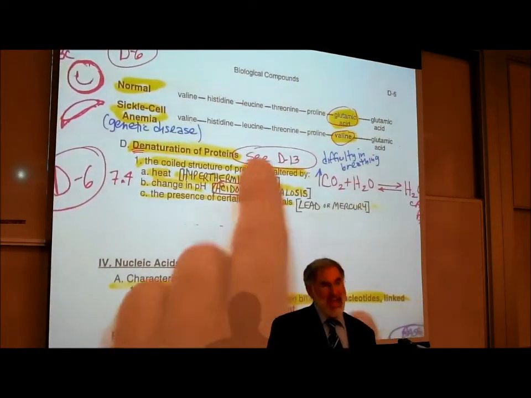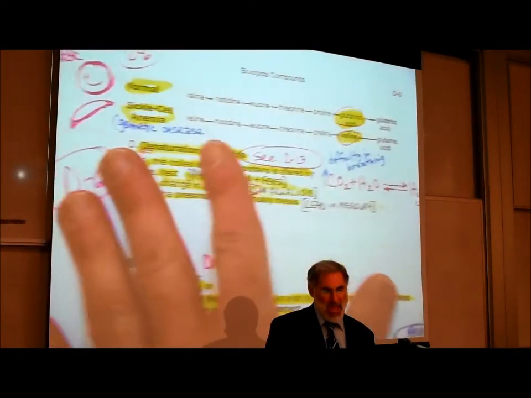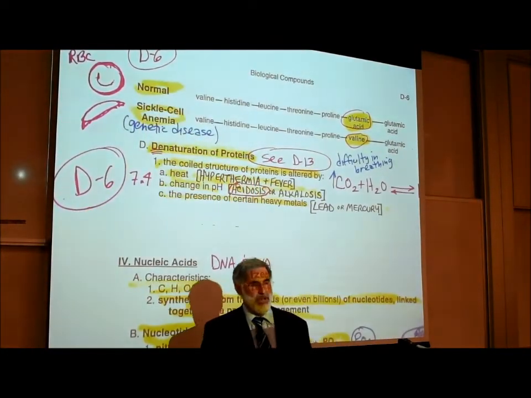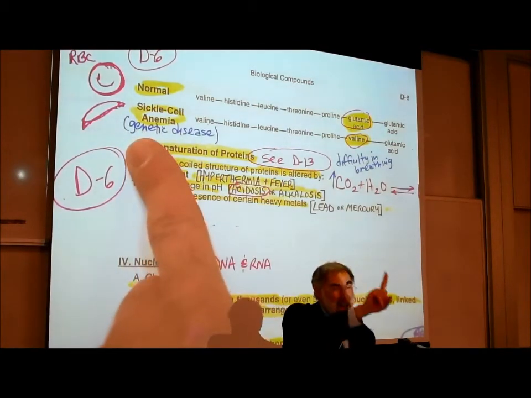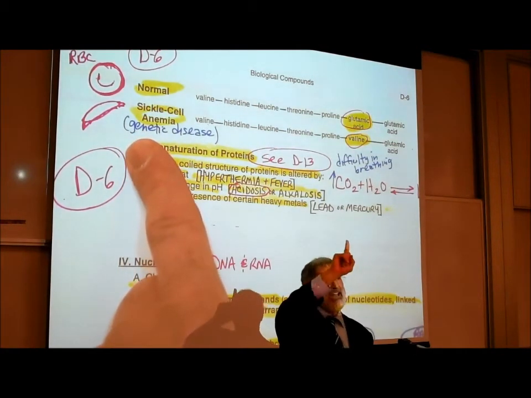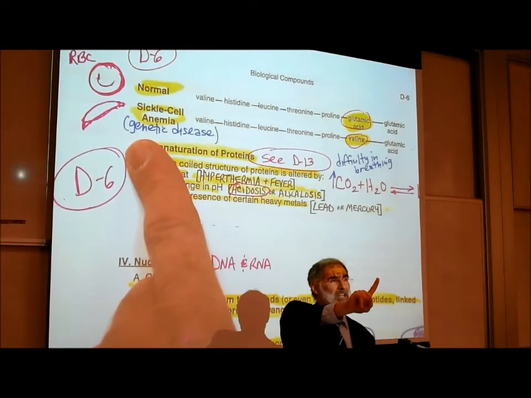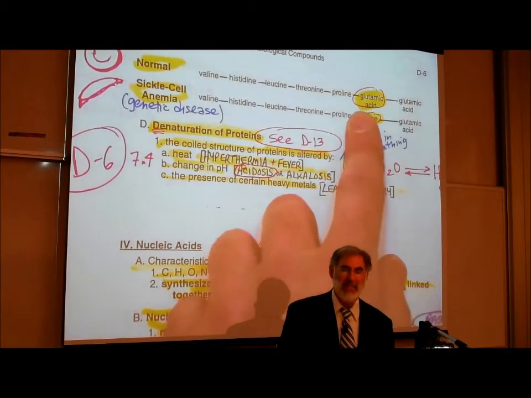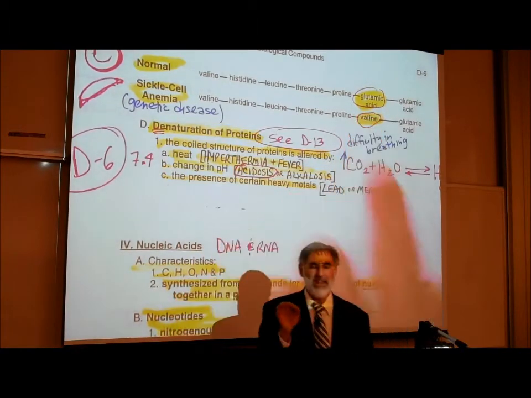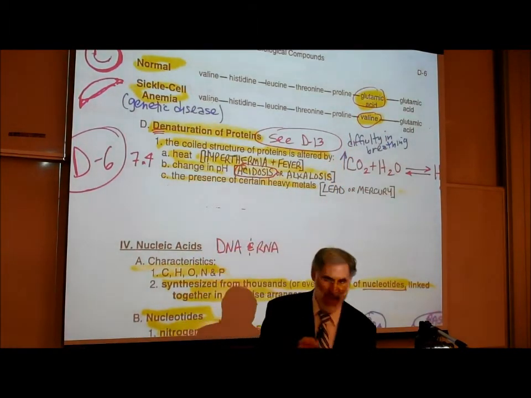What's wrong with the hemoglobin? Well, out of the 600 amino acids that make up a normal hemoglobin, in people with sickle cell anemia, one amino acid in that hemoglobin protein is wrong. And you'll notice that in sickle cell anemia, instead of having glutamic acid, it uses a different amino acid, valine.